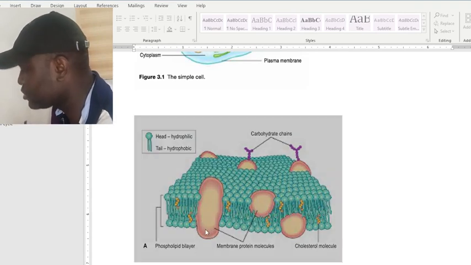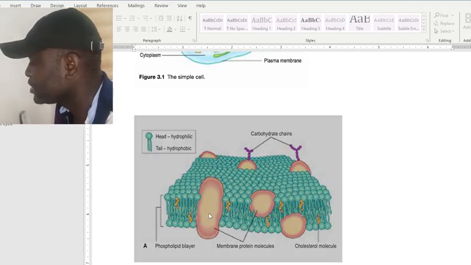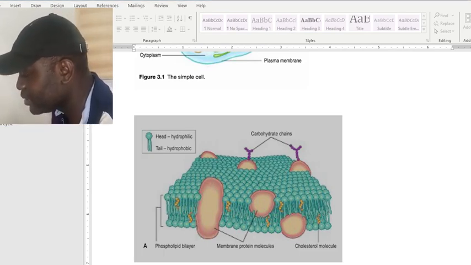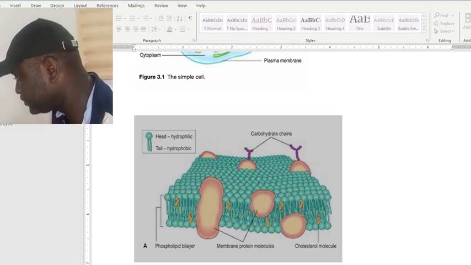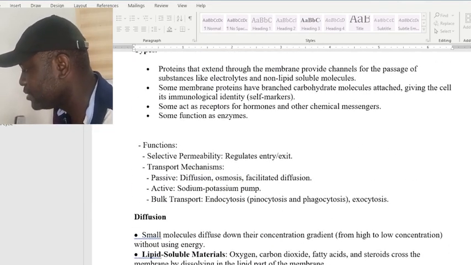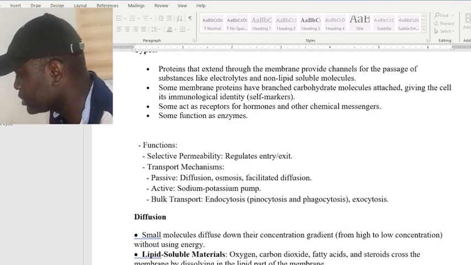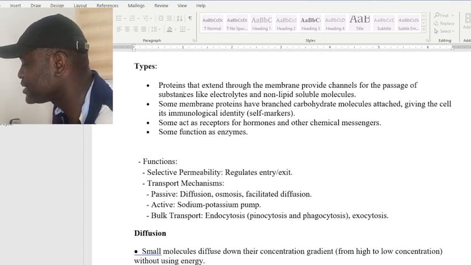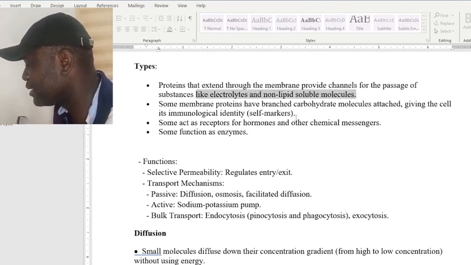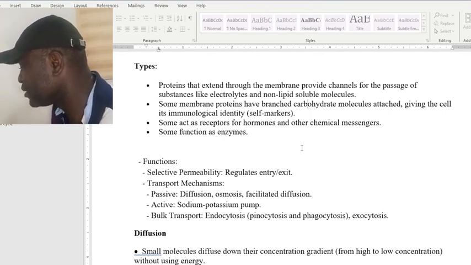So what are the functions of the membrane proteins? The proteins that are transmembrane, that extend through the membrane, act as channels, and these channels allow the passage of substances like electrolytes and non-lipid soluble molecules. Then some membrane proteins have carbohydrates on them, and these are for immunological identity of the cell.